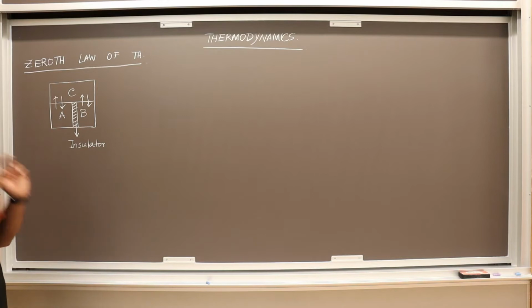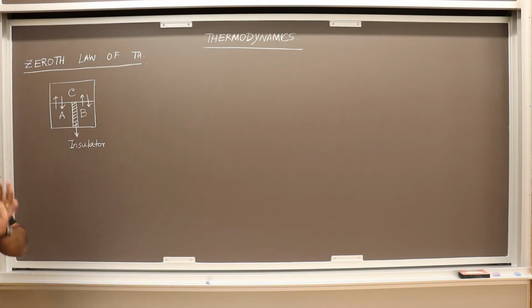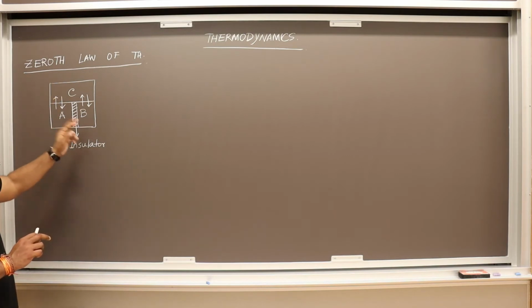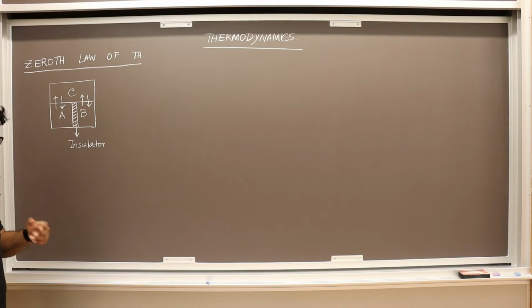That means after some time, A and C will be in thermal equilibrium with each other. What do we mean by thermal equilibrium? The temperature of both these bodies will be the same. And the same thing will happen with B and C. Bodies B and C will also be in thermal equilibrium with each other.